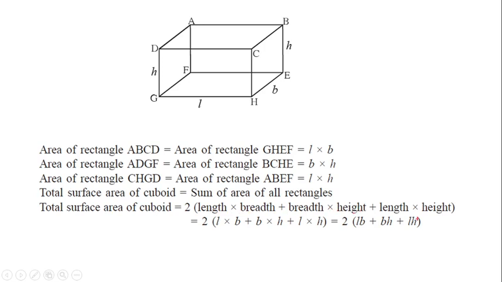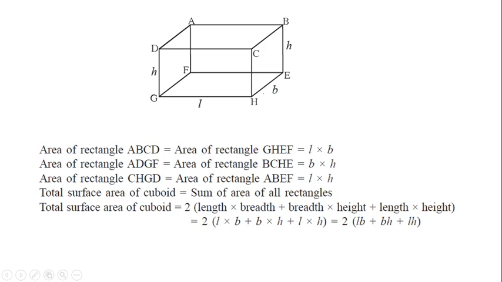As we all know, the area of a rectangle is equal to length into breadth. Now, if this is the face, then the area of this rectangle will be length into height. If this is the face, then the area of the rectangle will be breadth into height. And if this is the face, the lowest one, then the area of the rectangle will be length into breadth.